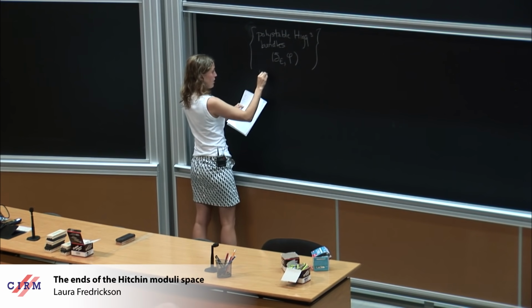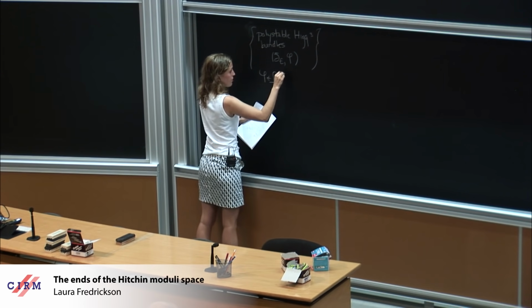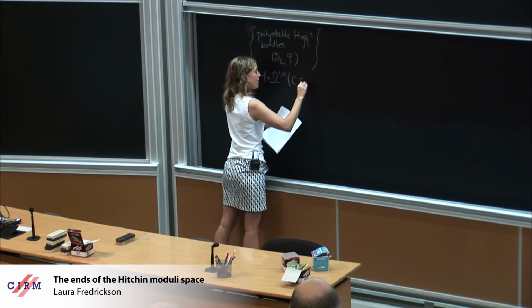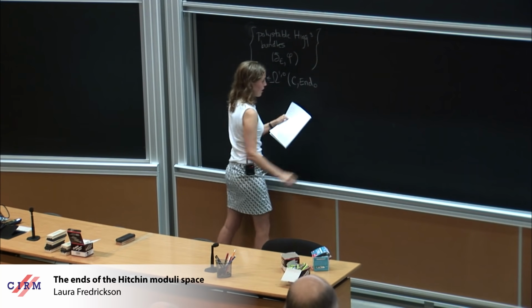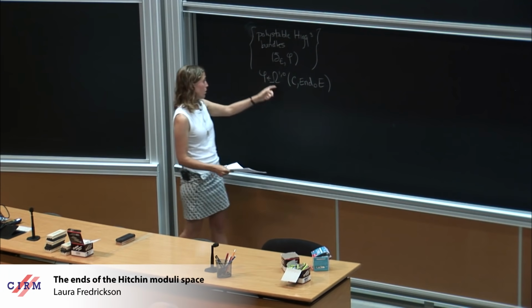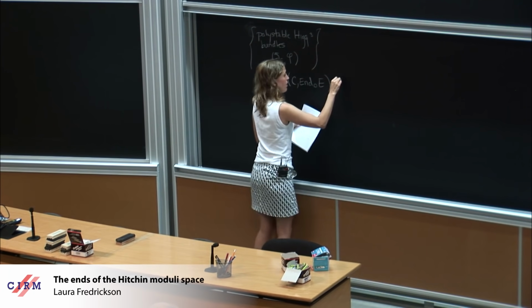So this Higgs field is a 1-0 form on C, valued in the endomorphisms of E, the traceless endomorphisms. So this is just some matrix valued 1-0 form, the Higgs field.